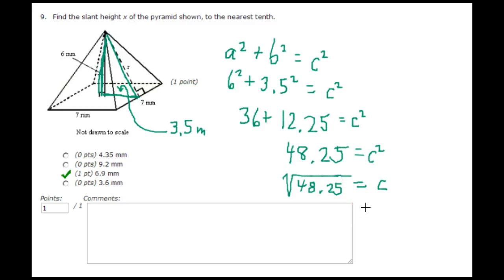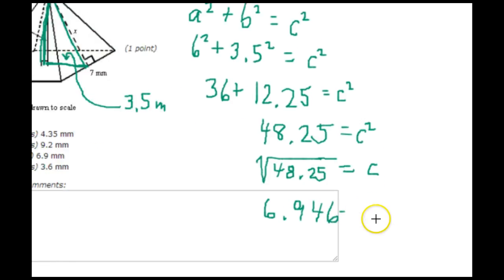So when we take 48.25, put it in our calculator, we'll end up with 6.946221, and it goes on from there. So 6.946.